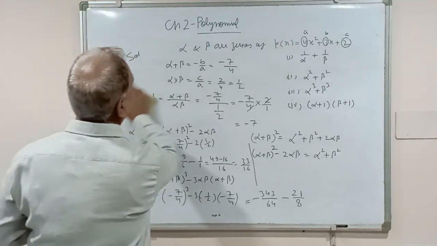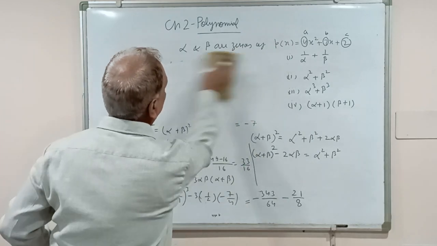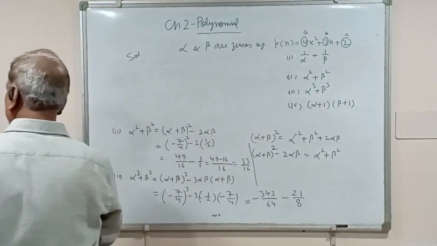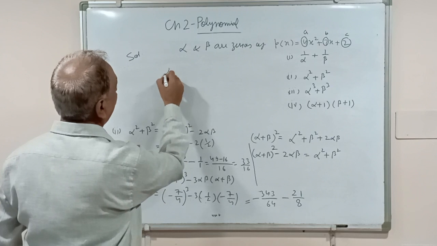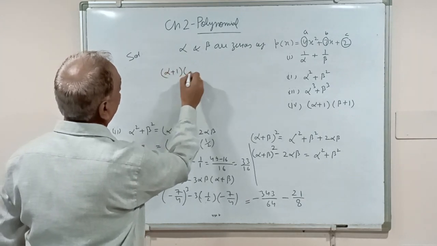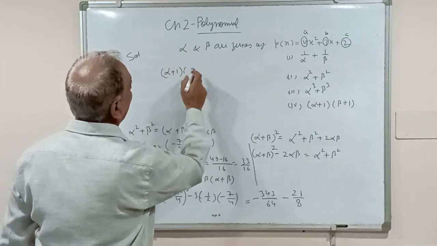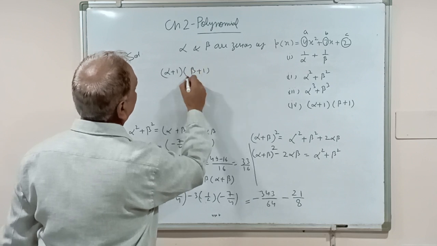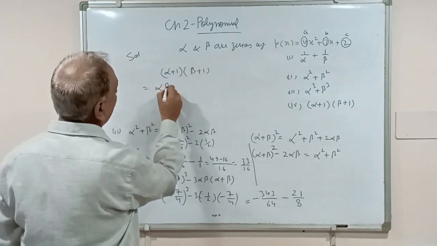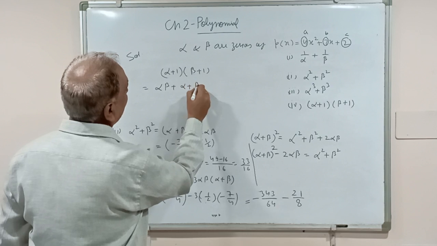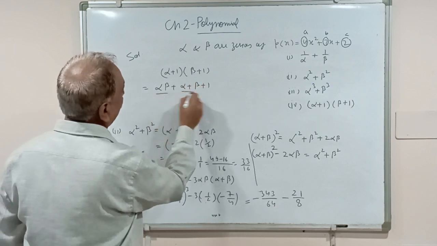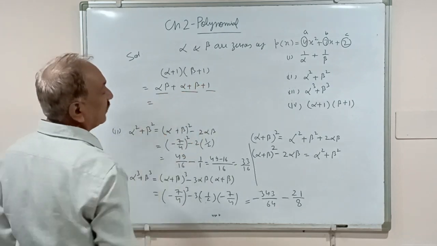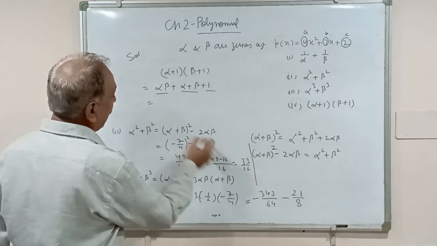Then last part: alpha plus 1 into beta plus 1. Simply multiplication: alpha beta, alpha plus beta plus 1. Alpha beta is half.